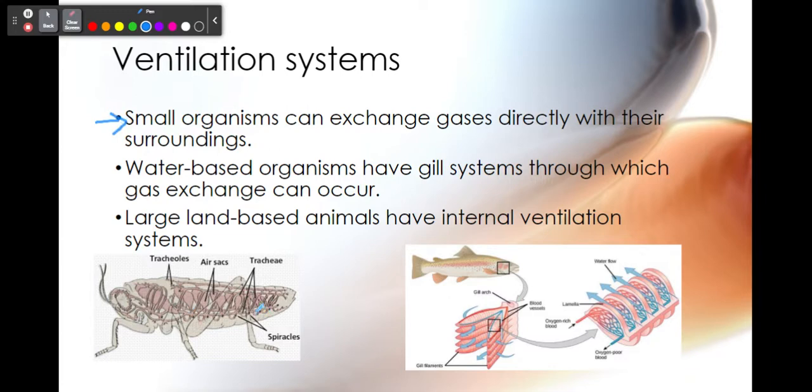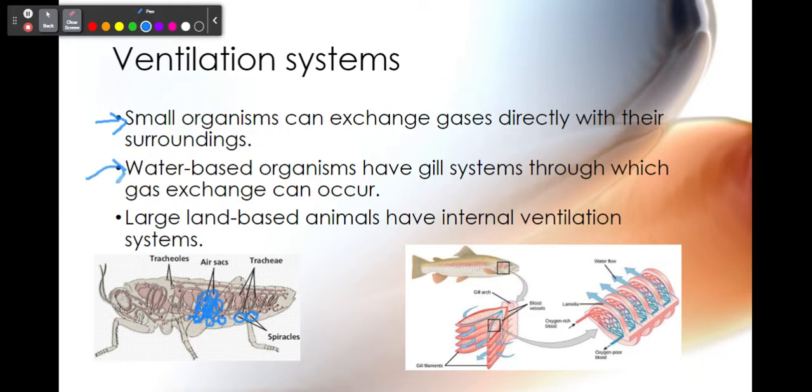And so there are these little holes on the sides of bugs called spiracles. And the spiracles will allow the air to move in. Blood is just going to flow around those air sacs, and gas exchange can occur. So we're going to exchange those gases right with the environment, the air that's in the air sacs, the blood that kind of flows around them.